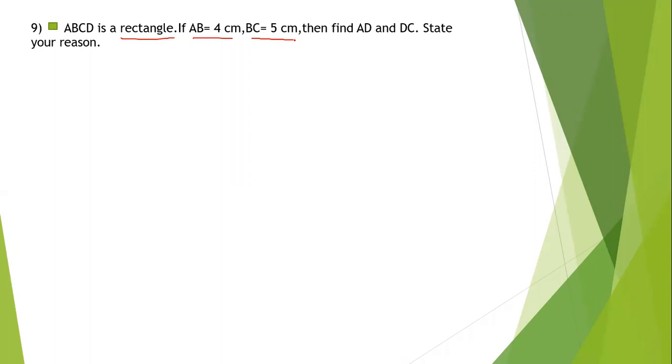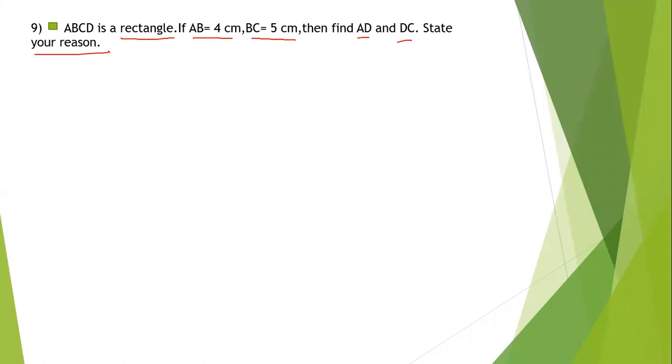We need to find the length of side AD and DC, and along with that, we need to write the reason also. So writing of reason is equally important, and we have to write the length of the sides which is being asked in the sum.